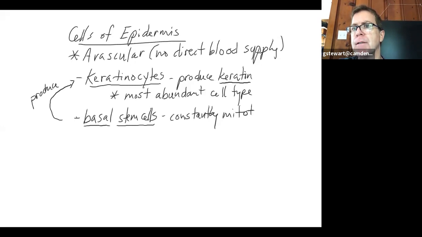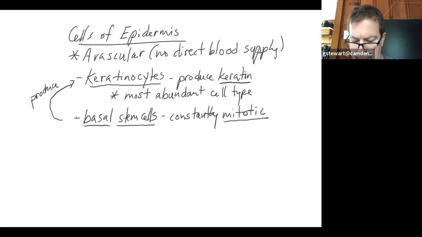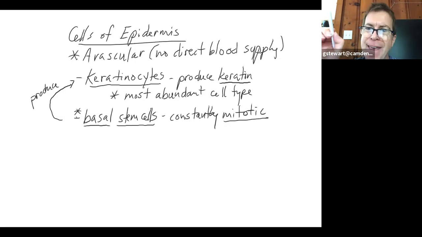I'm just going to write constantly mitotic. They're constantly dividing through mitosis, producing new cells. They give rise to keratinocytes. These basal stem cells are in the deepest layer of the epidermis, that blue layer that I drew on the previous page.